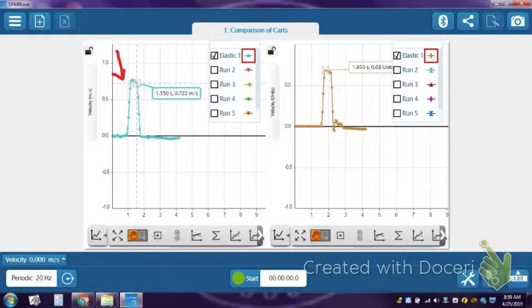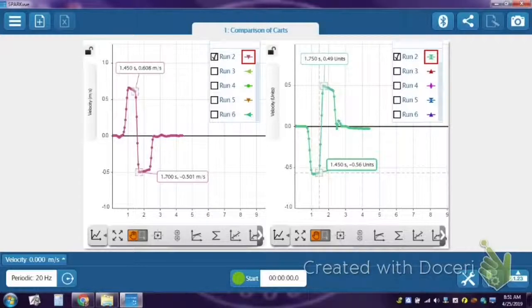Again, right over here is me accelerating it, but then right over here is just before it collides. This dip is the actual collision slowing it down, and this is right after the collision. On the right-hand graph, this is it sitting there, not moving before it collides, and then right here, its initial peak is what happens right after it gets hit by the other car.